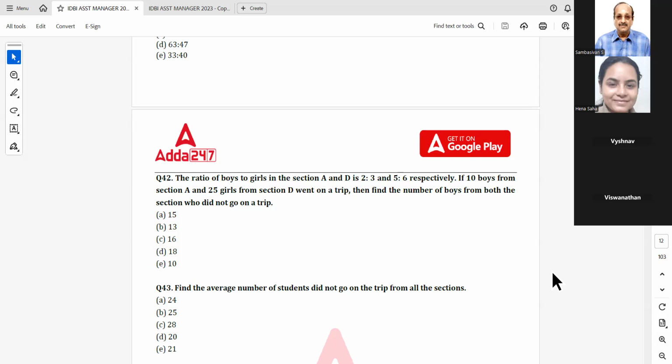And 25 girls from section D went on a trip. So number of girls who did not go, 5. Then find the number of boys from both the sections who did not go on a trip.